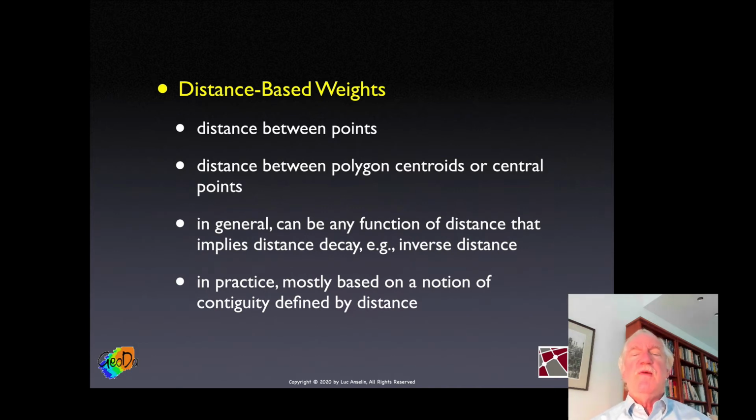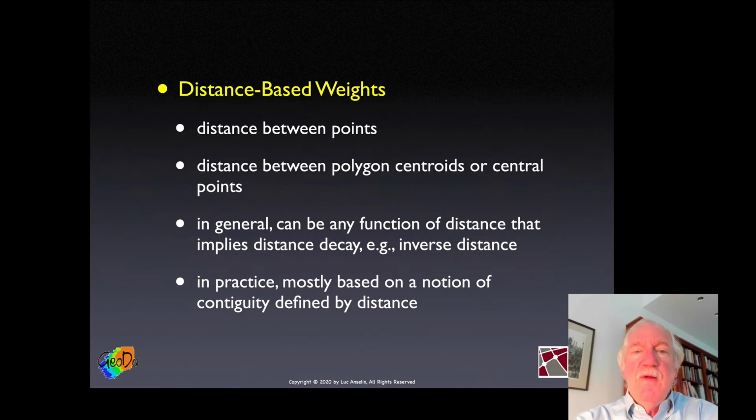But as we'll see, it's actually much more flexible than that, because we can represent a polygon by a central point, a centroid, or a mean point, an average of all the coordinates. So some kind of central representation, or even for a county, say the county seat, or for a state, the state capital, which would be a point, and then we can compute the distances.